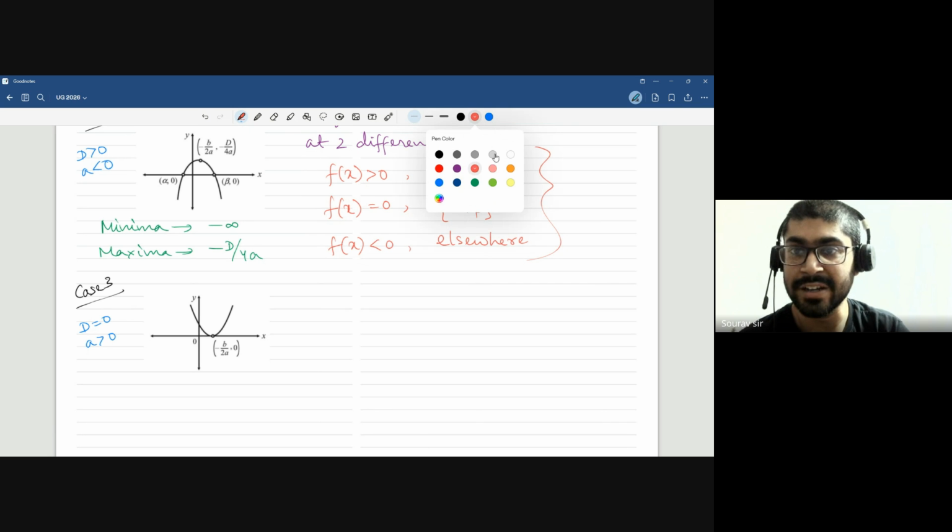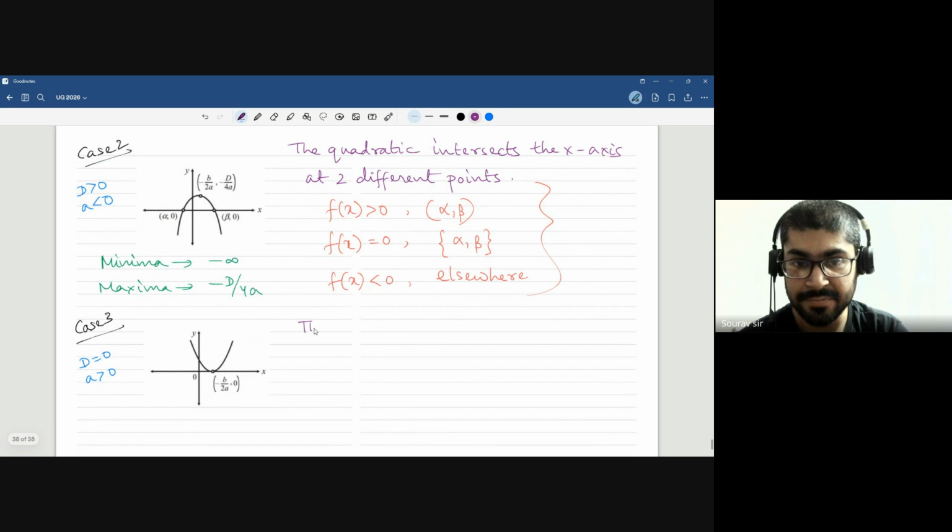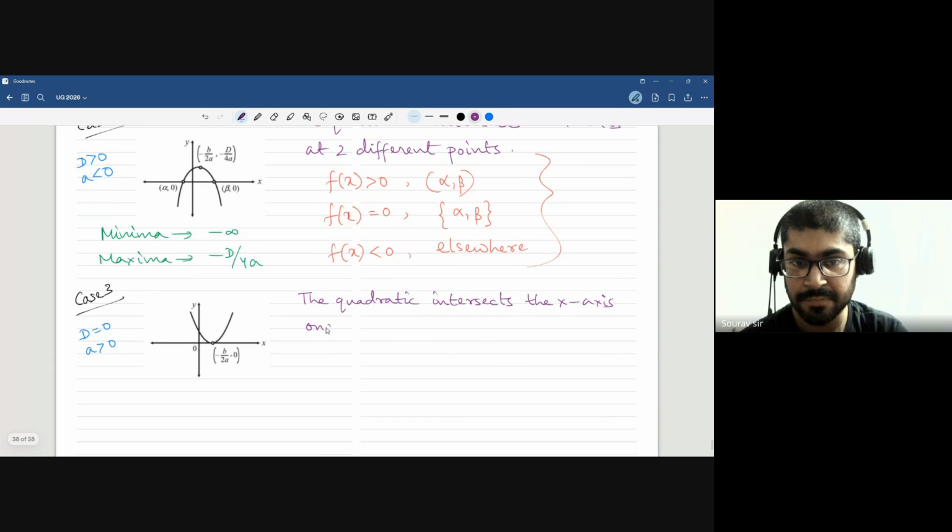Okay. So what can you conclude here? Here, the quadratic intersects the x-axis once. Equal roots.